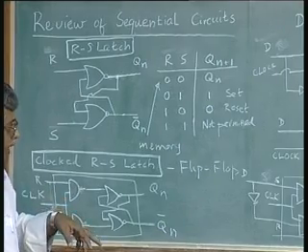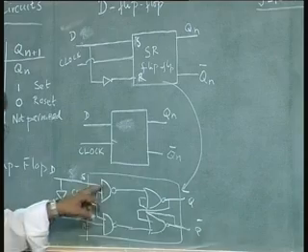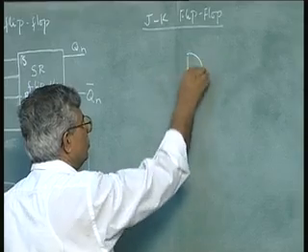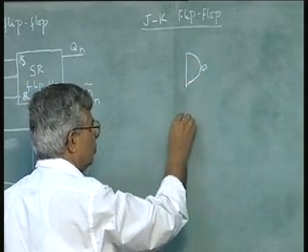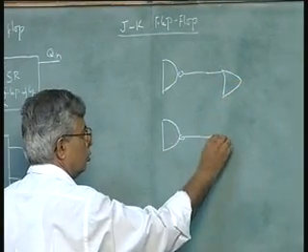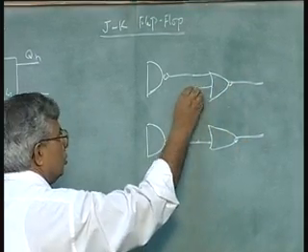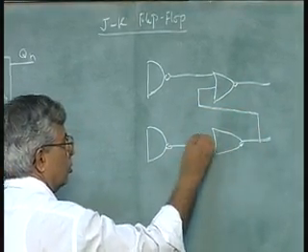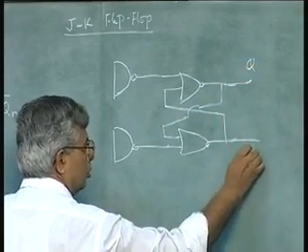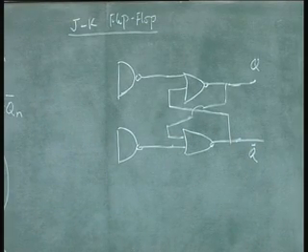Before that, we will see how a JK flip flop is connected. Now, take this flip flop, the SR flip flop with a NAND input, take that, and Q n bar or Q bar, does not matter.